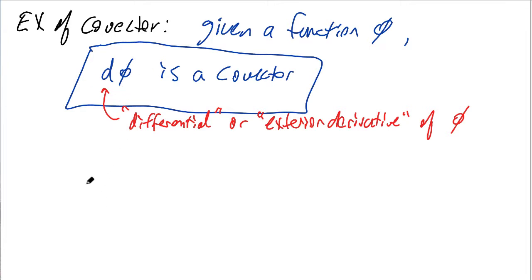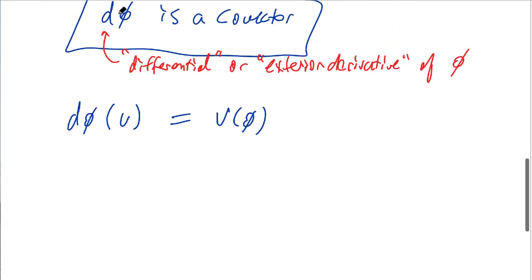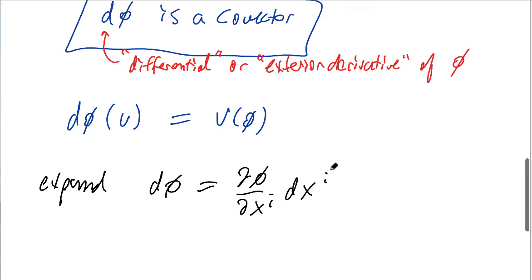So how does d phi act on a vector to give a number? Well, d phi acting on the vector v is, in this case, just the number that you get when you let v act on the function phi. All right, so this is a number. So this is the covector acting on a vector to give a number. Let me point out that we can always expand d phi using the chain rule. So this would be partial phi with respect to x^i dx^i.